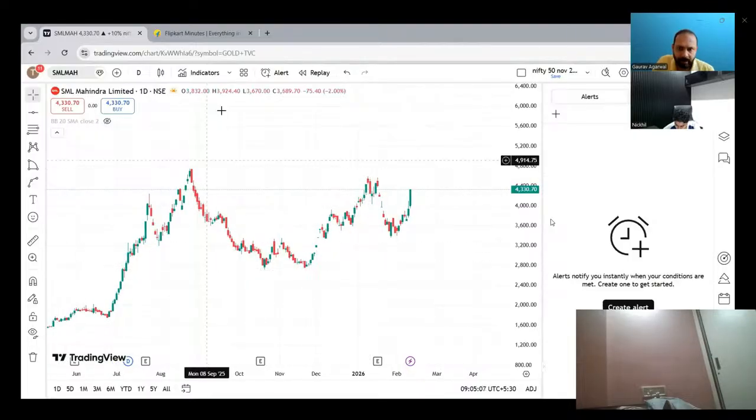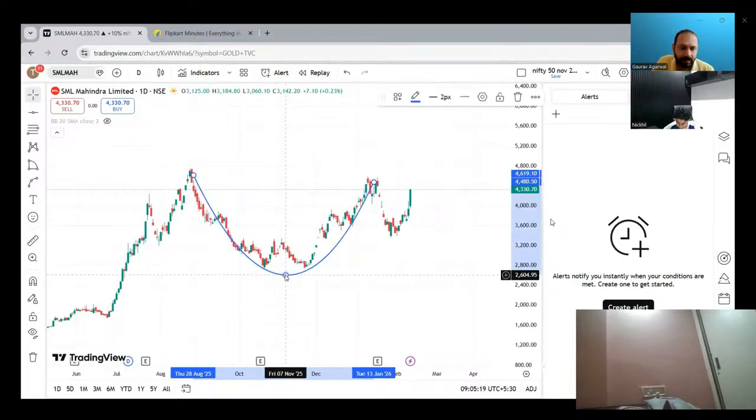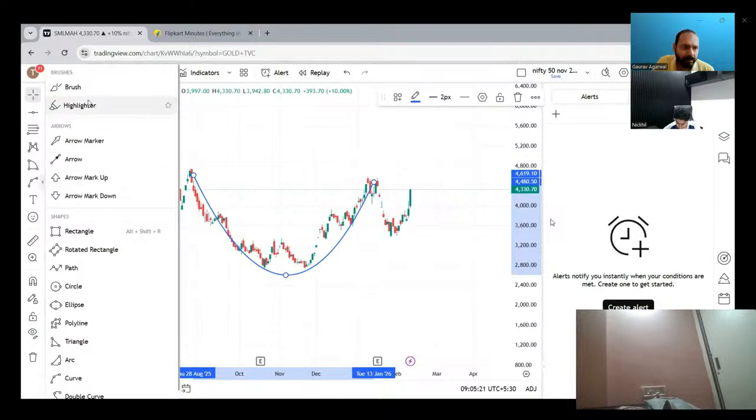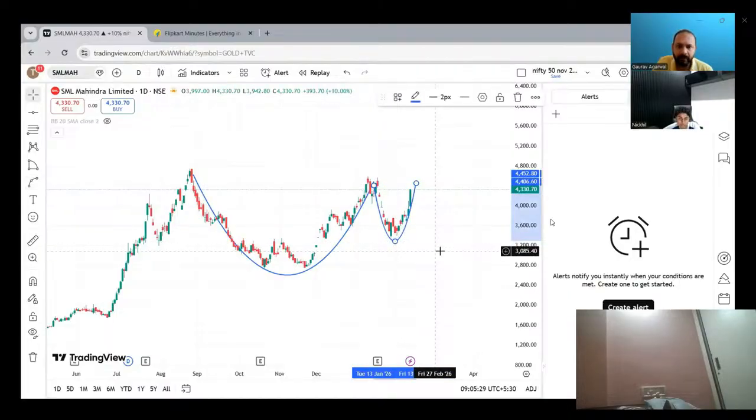See, if you see that there is a big one which is in formation, right? Yes, I see that one. It's currently getting formed. This is a breakout point. Yes.